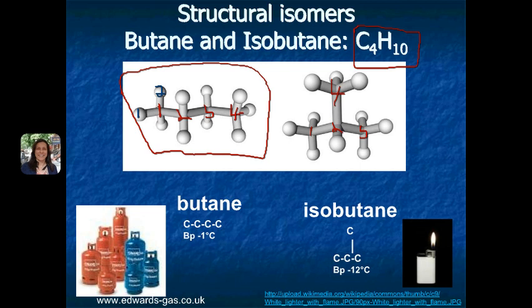And notice the total number of hydrogens is still the same between them, because each carbon atom has to have 4 covalent bonds. So let's say if we look at carbon atom number 2 of butane, it has 2 covalent bonds with other carbon atoms, carbon atom 1 and 3, and then 2 more with 2 hydrogen atoms.